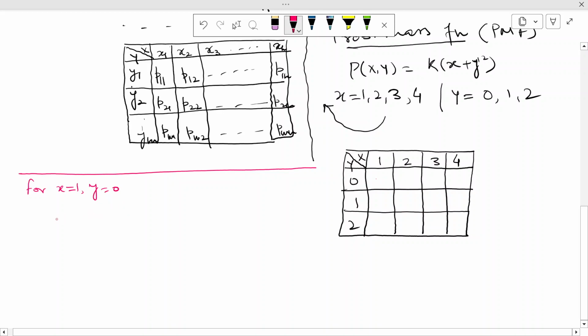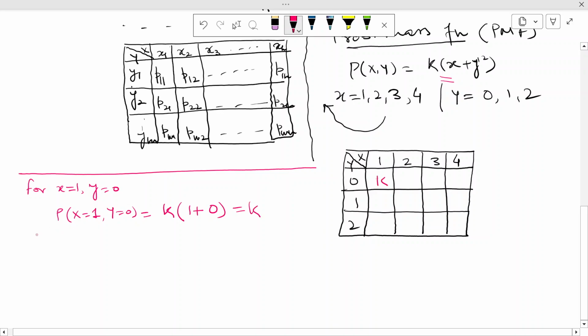And you can obtain the probability that x is 1 and y is 0 using this function. So you have k times 1 plus 0, because the square of 0 is 0, so this is coming out as k. So here we have k.